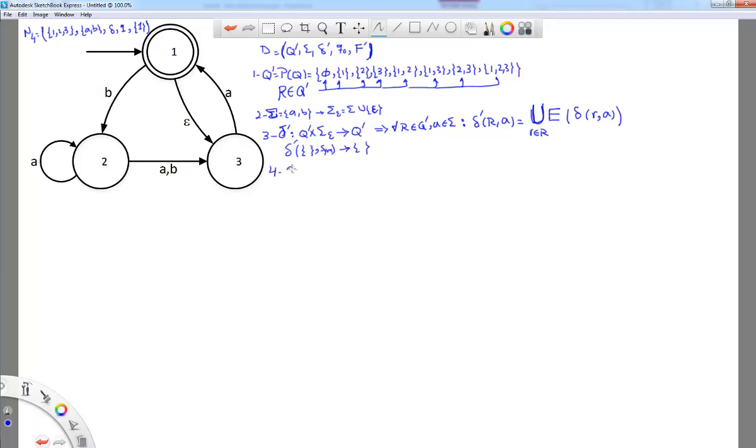For the Q sub prime 0, it is going to be every state that is reachable from the start state of my NFA along 0 or more epsilon transitions.